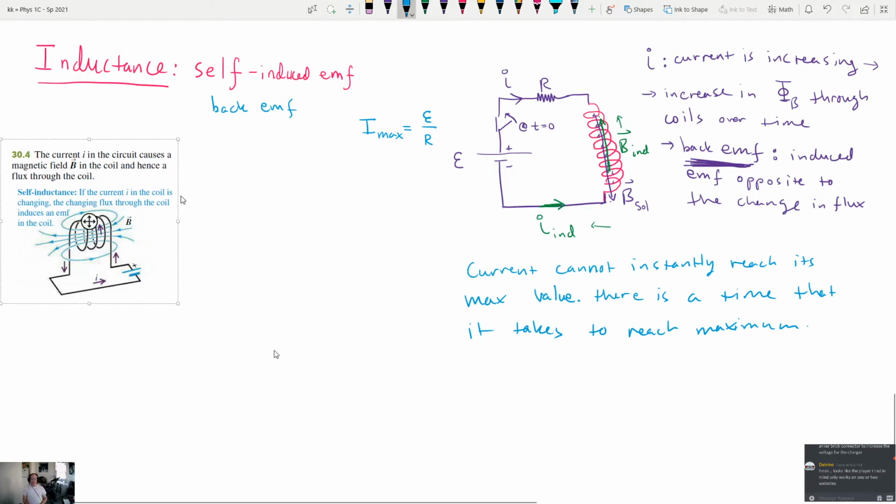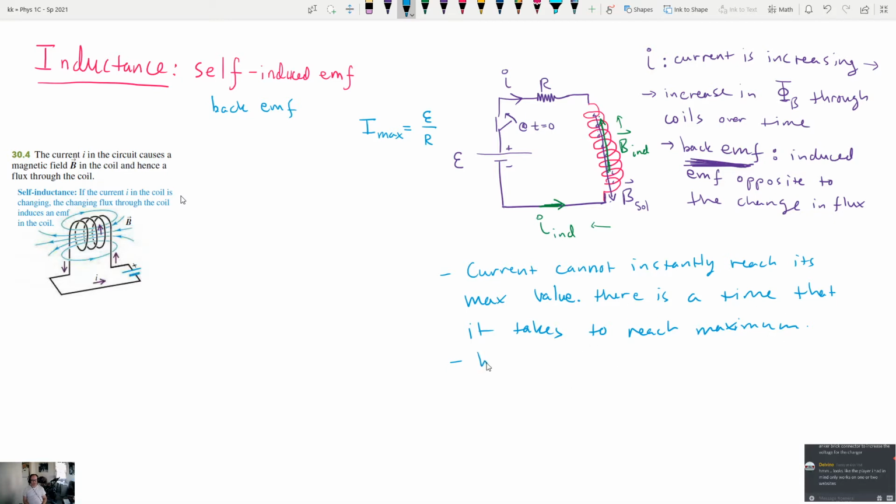So we can give a name to this effect, and we can give a name to this little piece that we added to the circuit here. The coil, we're going to call it an inductor because its job is to intentionally induce EMFs in itself, and the goal will be to smooth out current fluctuations. Because the current cannot instantly reach its max value, there's a time it takes to reach maximum.